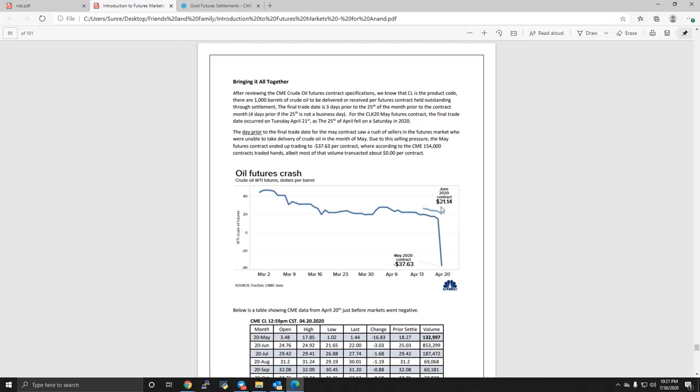So, let's first off take our knowledge of calendar spreads and let's think about what happened to the calendar spread market. So, prior to the crash, let's call oil, May was trading around $18, maybe $17 right before it really took a plunge, and you've got June markets trading at 21.